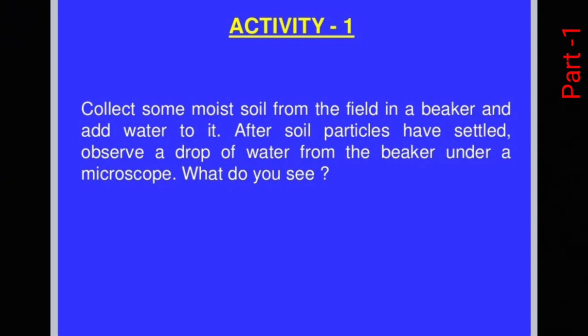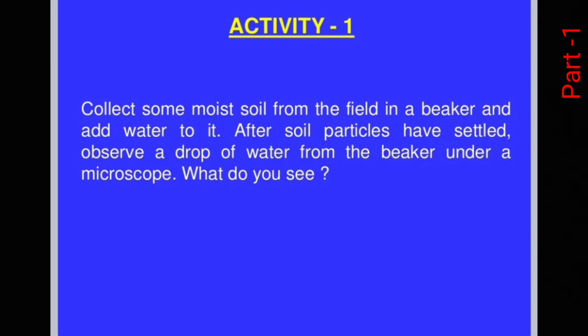That is, you can perform this. You have to collect some moist soil from the field in a beaker and then add water into it. After the soil particles have settled down, because after adding water to the soil, the sedimentation process will take place, and the heavier particles, which are soil, will settle down at the bottom and the water will go up.